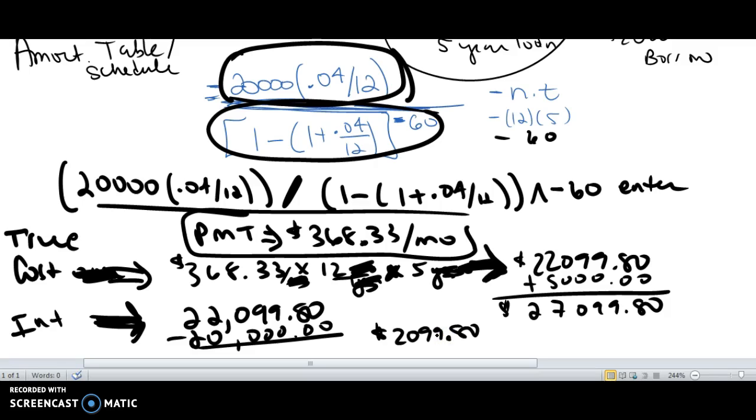So I can look at that as well. All right, I am going to go ahead and make another video on doing the amortization table or the schedule, but this is how you get the payment. Now we're going to move on and kind of look at how this gets paid off on a month-to-month basis.